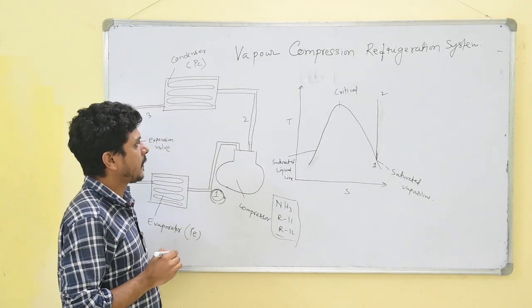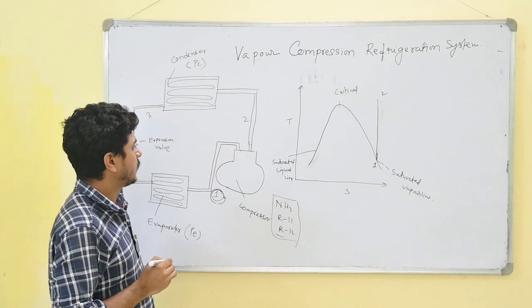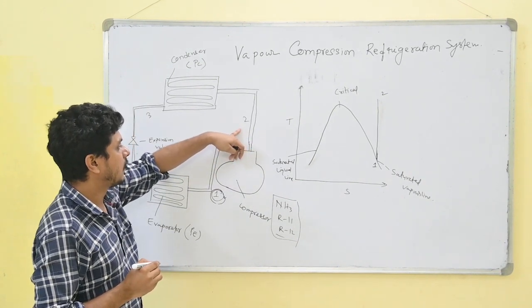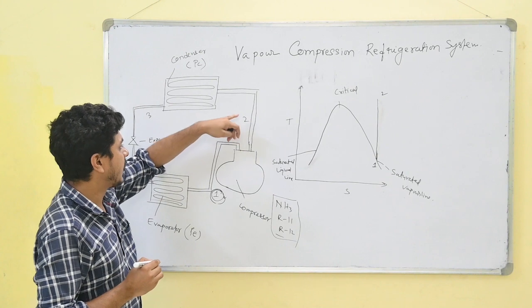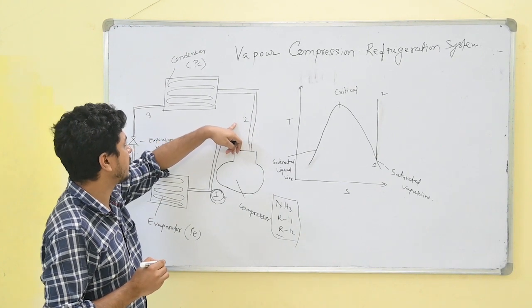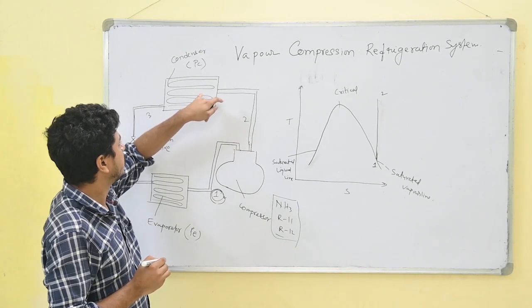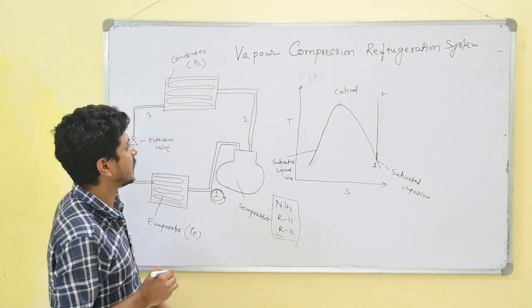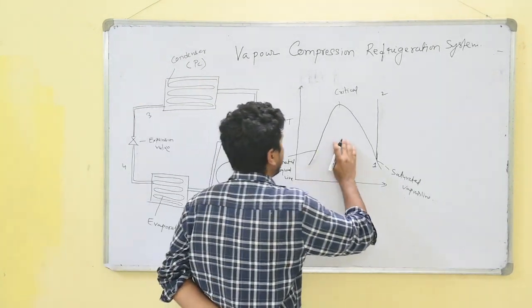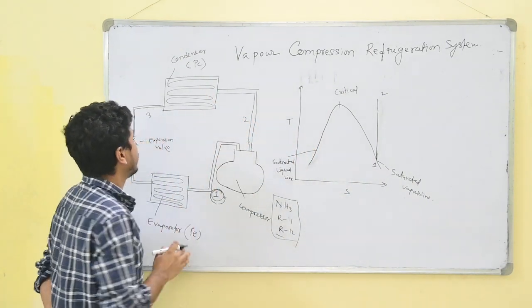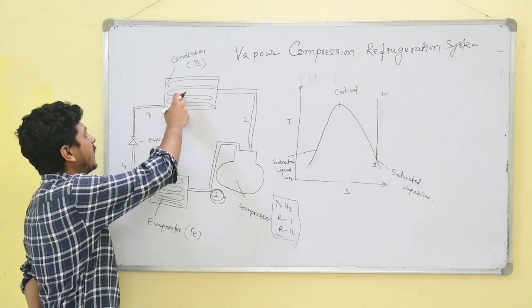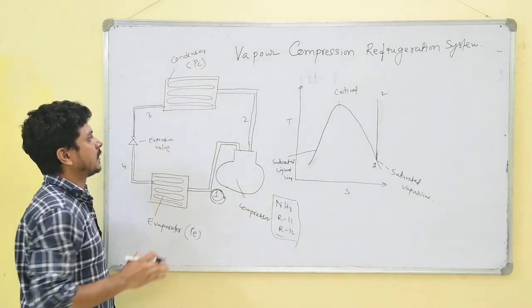After that, the refrigerant, the compressed refrigerant, after increasing the pressure and temperature, will go to the condenser. The condenser is a heat exchanger, but the heat transfer takes place from the higher temperature to the environment.